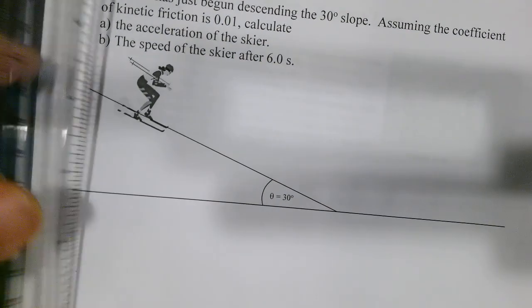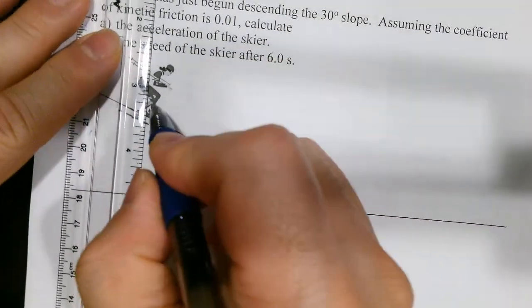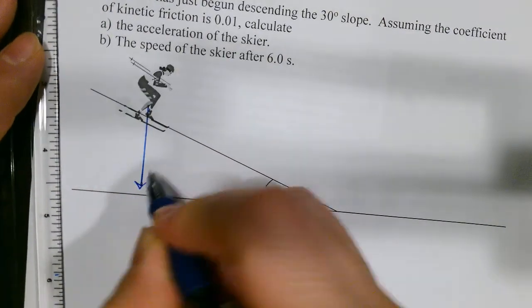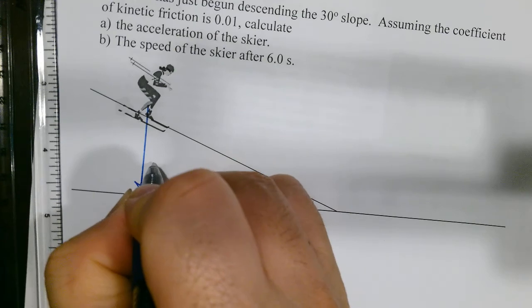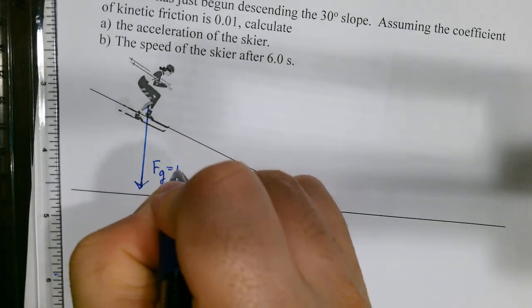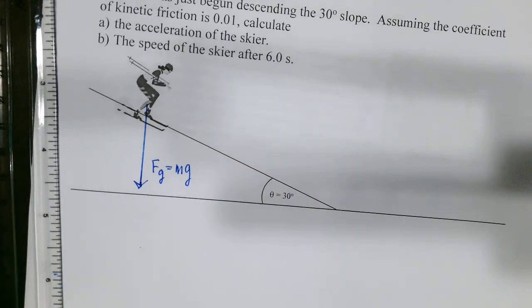However, we do know the skier will have weight because it cannot escape gravity. So the skier will have Fg, which is equal to m times g.